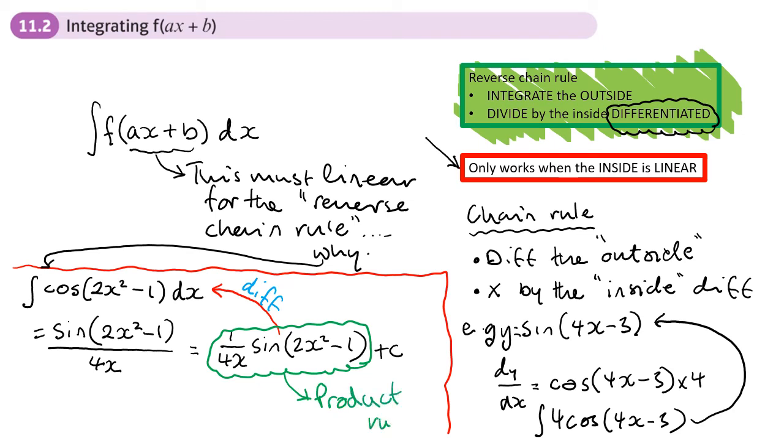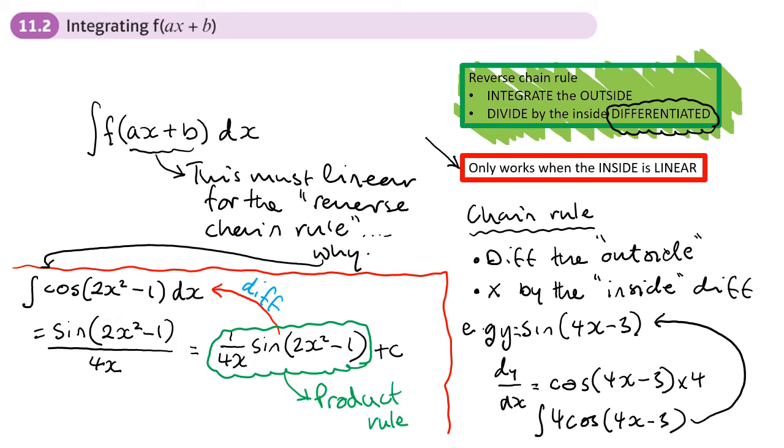So if I would differentiate this using the product rule, I can't say that I'm going to reverse that by doing the chain rule. If the inside of this bracket isn't linear, like it was here, then you end up with a function times another function which you would have used the product rule on.